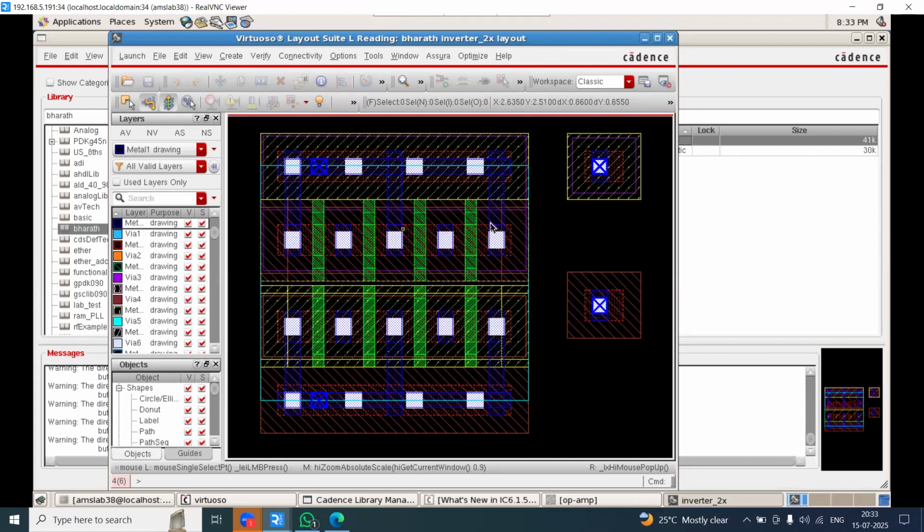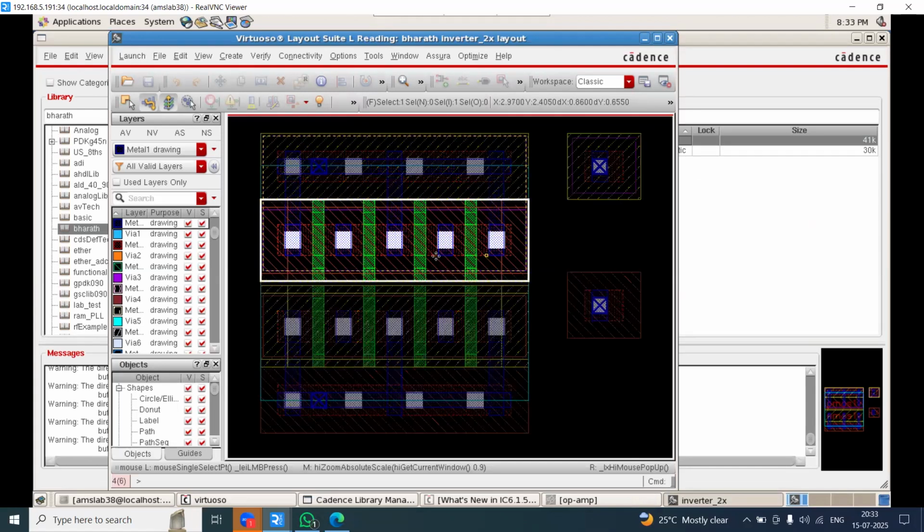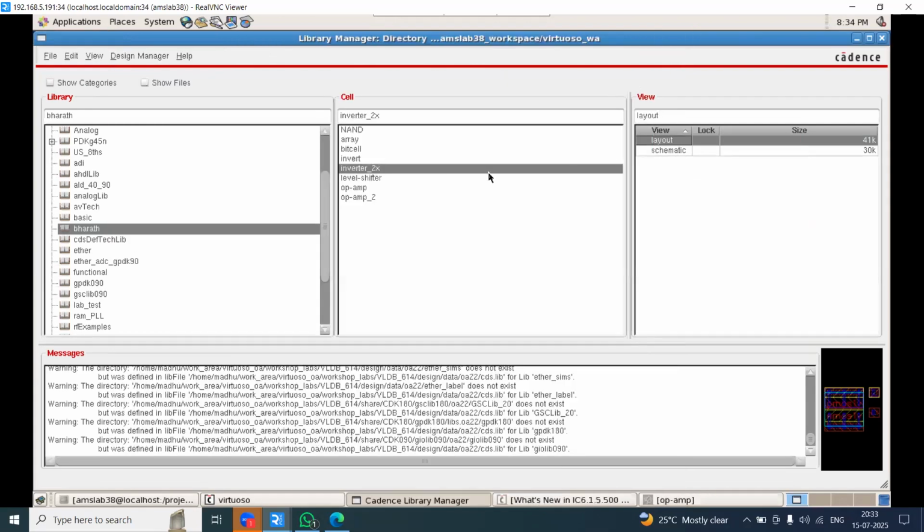Ma, inverter 2x means I made it with 2 polys here. By considering 4 fingers, I have made this one. Instead of a single finger, I made 4 fingers. 2 fingers with one device, I made it a 4 finger device. Okay, that is fine. Op amp is okay.